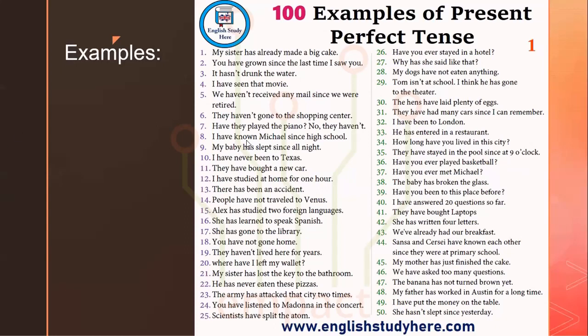So what does that sentence mean? My baby has slept since all night. يعني صغيري My baby. صغيري طفلي نام منذ has slept since all night. has slept. هي نامت كل الليل. طوال الليل. طوال الليل ولا كل الليل؟ بالضبط.